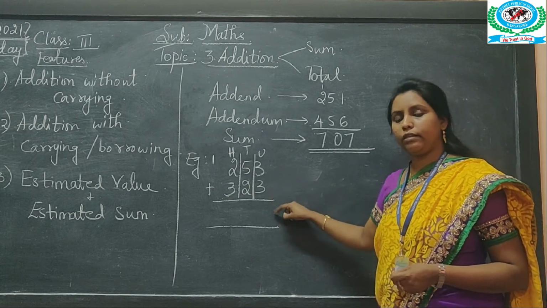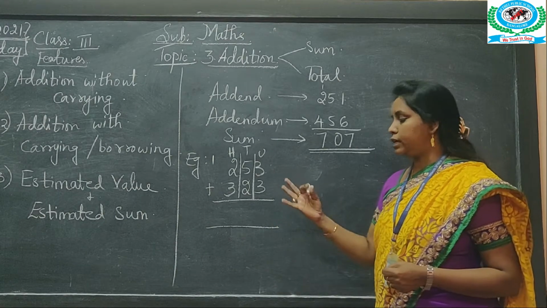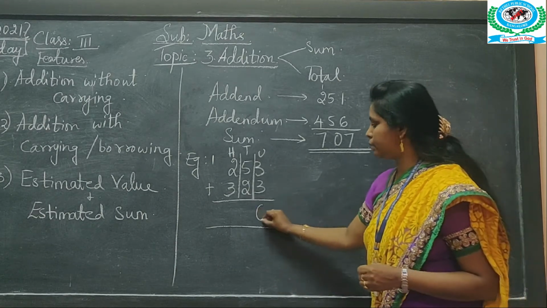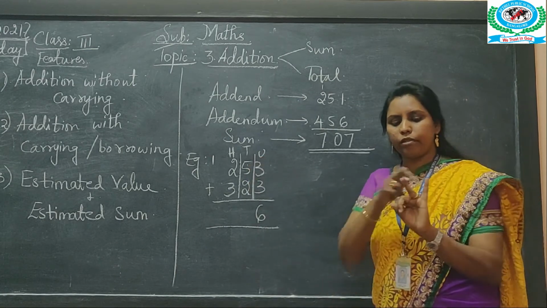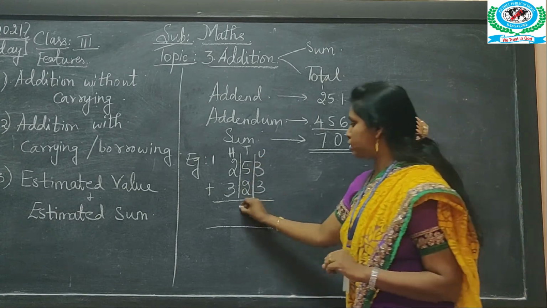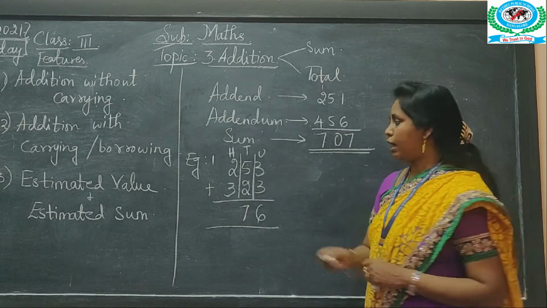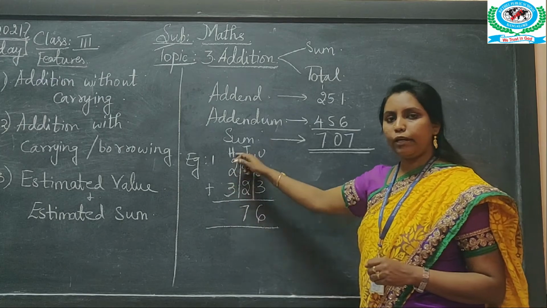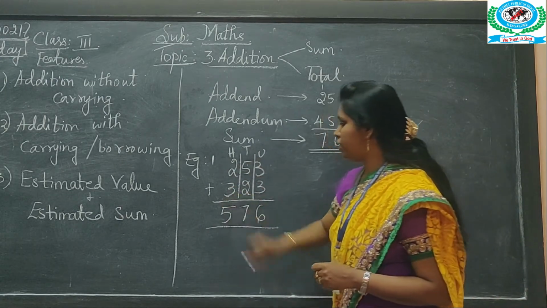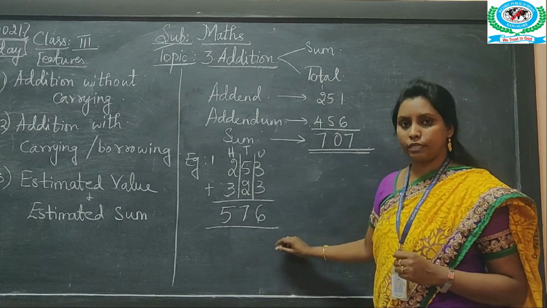So we are going to add the 3 and 3. 3 plus 3 is nothing but 6. And 5 plus 2, 5 in the mind, 2 in the fingers. After 5, 6, 7. So 7, we'll write it in tens place, and the 100 place value numbers we will add it. 3 and 2 is 5. Okay. So the answer is 576.